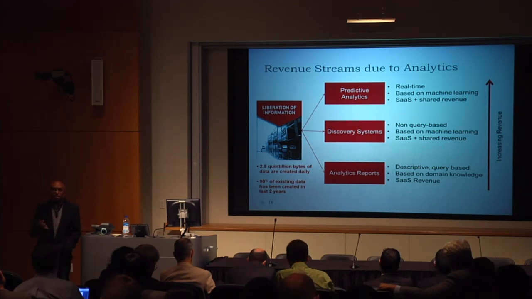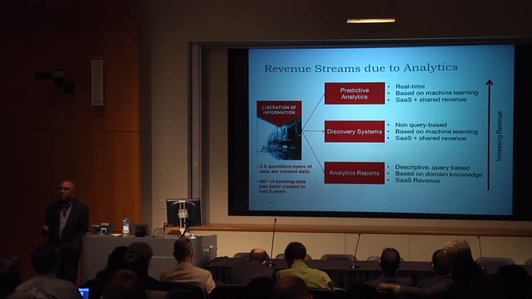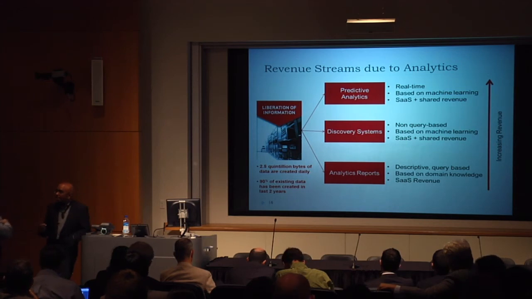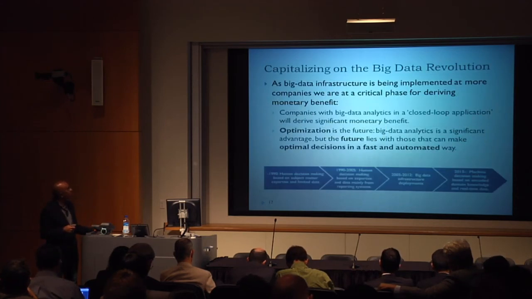That's kind of cool, and so marketing can use it and take some decision. But really, what we're seeing is that when you move into predictions where the predictions are done in real time, things are very different. Often these things are going to be built on large-scale machine learning. And the type of revenue that can be obtained is both SaaS plus shared revenue. So it's a very interesting paradigm shift that's occurring.